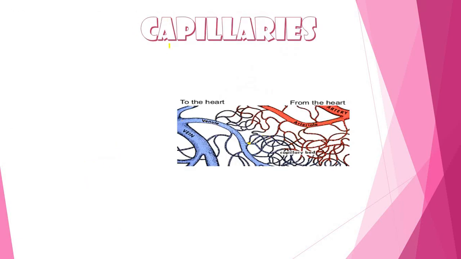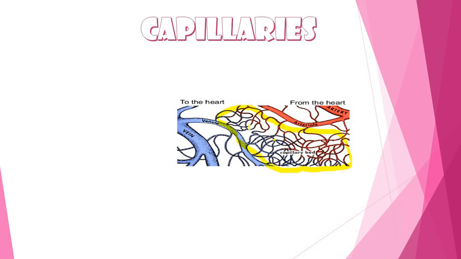So capillaries are the smallest blood vessels inside your body. And as you can see here, these are the capillaries. They are very thin and very dense, not like arteries and veins, which we will take tomorrow.